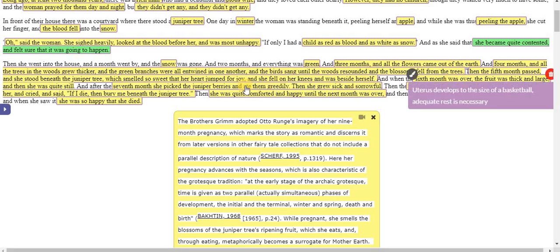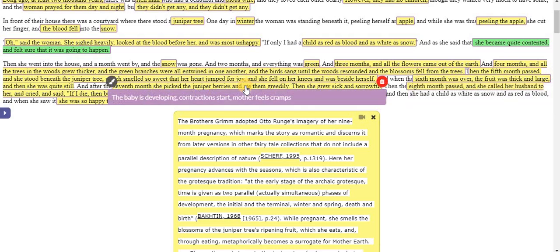And again here, in the 7th month, she picked the juniper berries and ate them greedily, and she grew sick and sorrowful. So during the 7th month of pregnancy, the baby is again developing and the contractions start, and the mother feels cramps all over her body. So she grew sick and sorrowful during the 7th month of pregnancy.